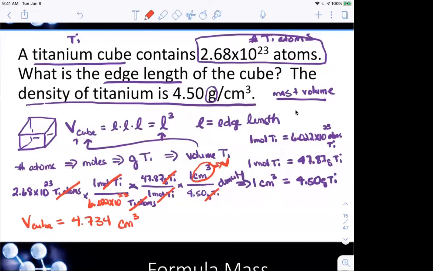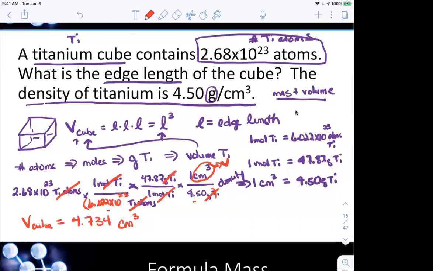Make sure you do the order of operations correctly. If you're doing this in a string, if you divide by Avogadro's number and press enter, you need to divide again by 4.50. You could also do the top and then divide by and put this denominator in parentheses. You'll get the same, correct answer that way.